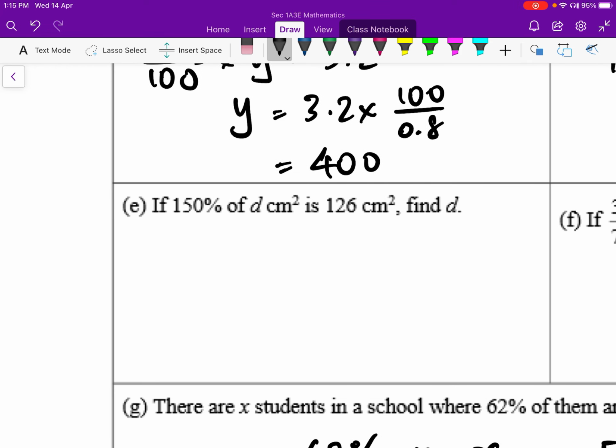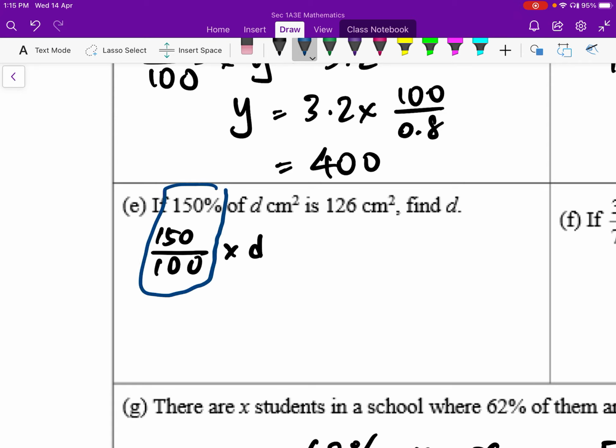Next one, 150%. I will change it straight away to over 100. The word of is just times, and then we have the letter D. So you see, we are just translating. They are the same over here. So 150% of D, and they tell us that it is equal to 126.